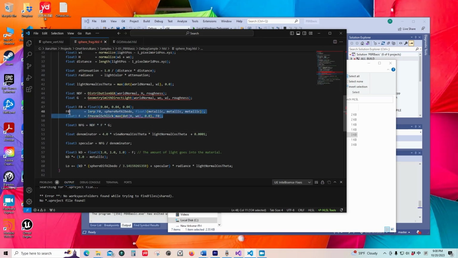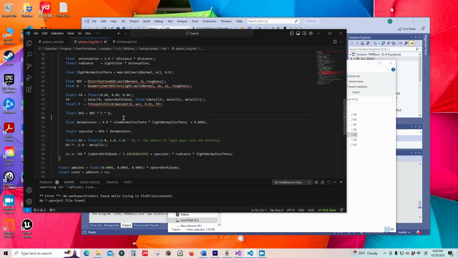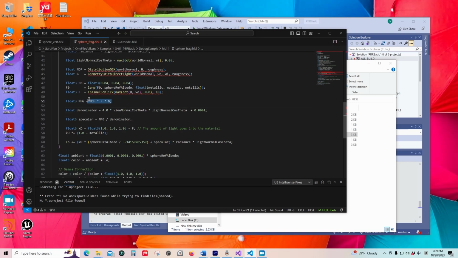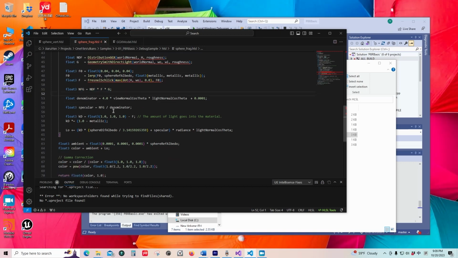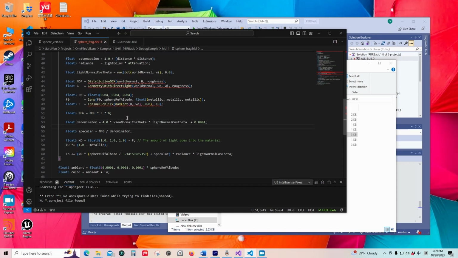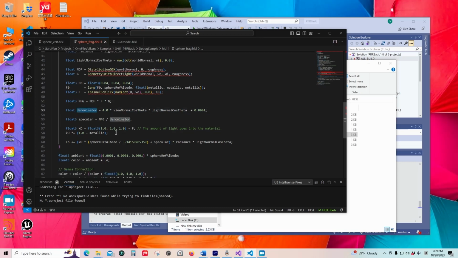We lerp them, or in GLSL I think it's just mix, and we use the Fresnel-Schlick approximation to get the final reflection. Then we multiply N, F, and G together to get the NFG that we saw for the Cook-Torrance model. In the model we also need a denominator.